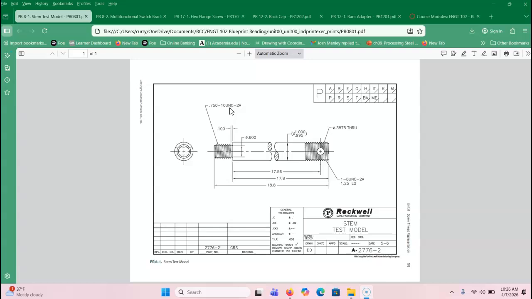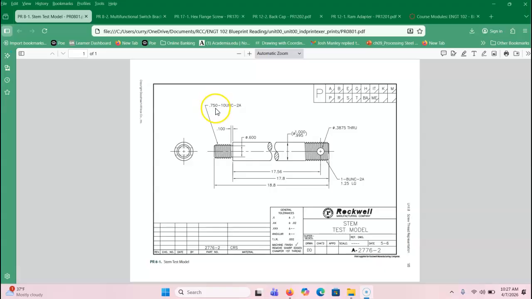So UNC is a Unified National Coarse pattern, and this is a Class 2A thread. Again, that A means that it is an external thread. The 2 is the class of fit, which is the most common fit as well. Now, in this case, this is showing 0.750. Typically, this would be a fraction, like a 3/4.